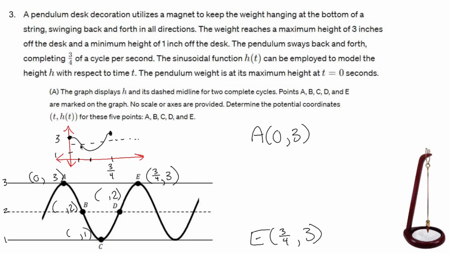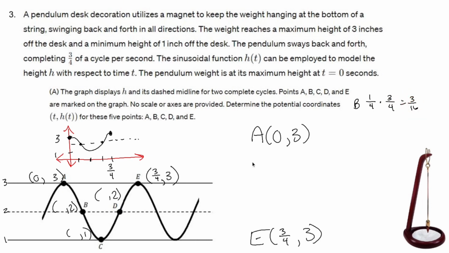It hits the midline here at 1/4 of 3/4, and it hits the midline again at 3/4 of 3/4. So if you followed what I just did there, B is going to happen at 1/4 of 3/4. Whatever the distance, this goes from 0 to 3/4, so this is going to be 1/4 of it. 1/4 of 3/4 is 3/16.